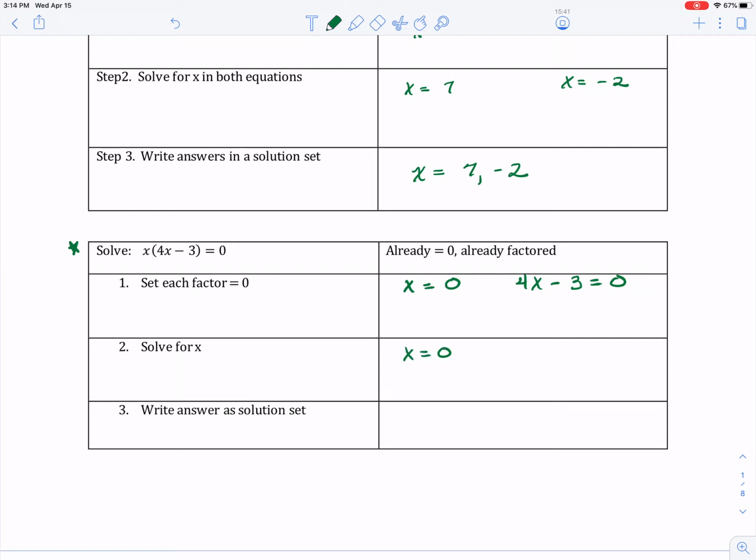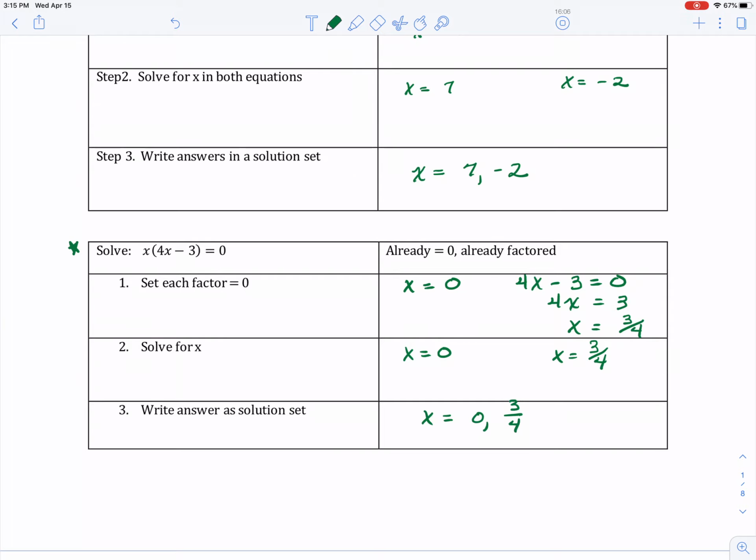It tells me x is 0. On the second equation, I've got to do a couple of things. I'm going to add 3 to both sides, and then I'm going to divide by 4. So I have 2 answers, x equals 0 and x equals 3/4. And again, you could write those by separating them with a comma.